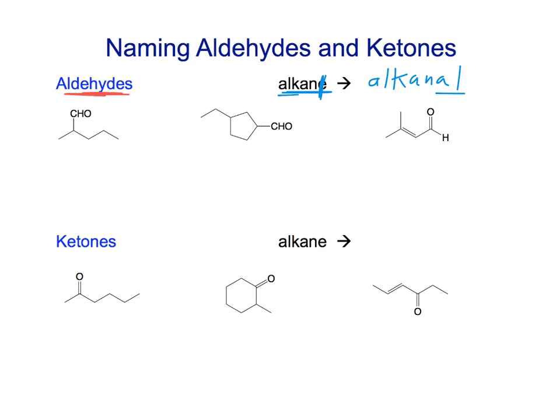If we do a simple aldehyde like the first one there, we find the longest chain. It has to include the aldehyde, and the aldehyde will always be number 1, so we don't have to give a number for it. So we're just going to number this 1, 2, 3, 4, 5.